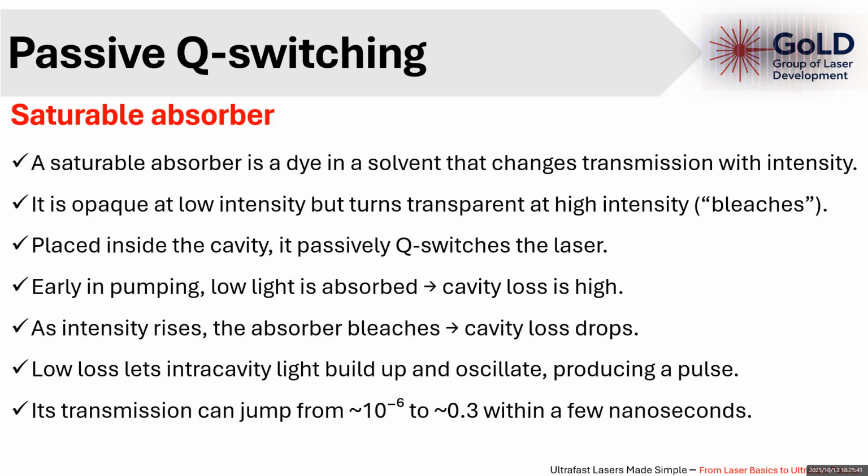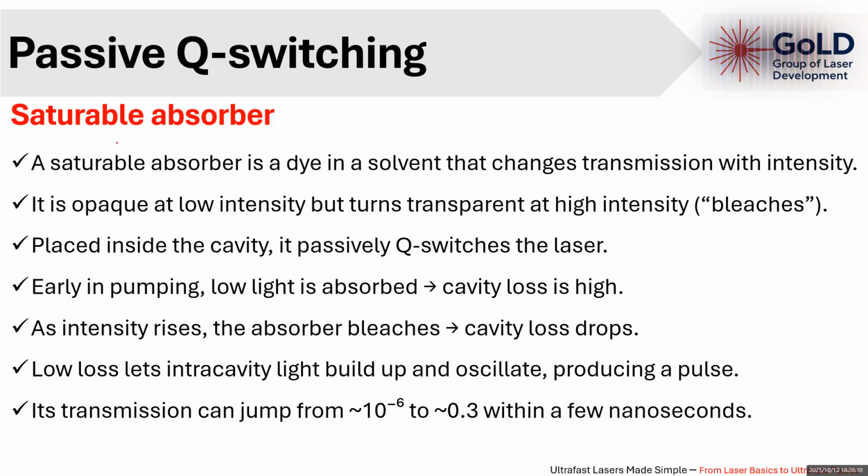Another one, which we call passive Q switching. In passive Q switching, we don't have anything connected to an electric field or motors or something like this. We have some kind of dye solution.